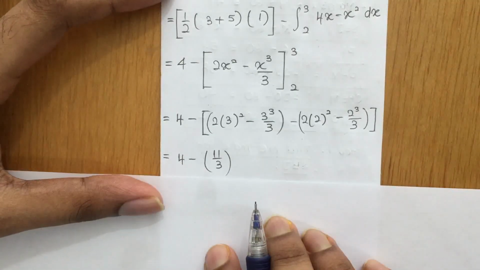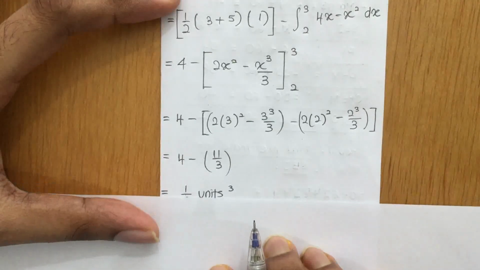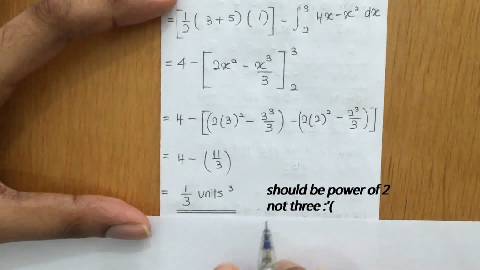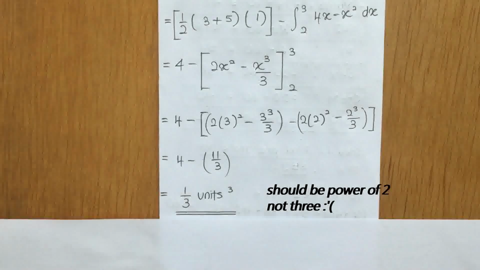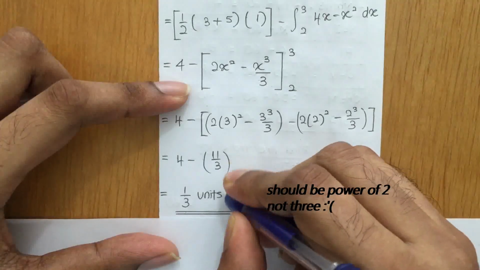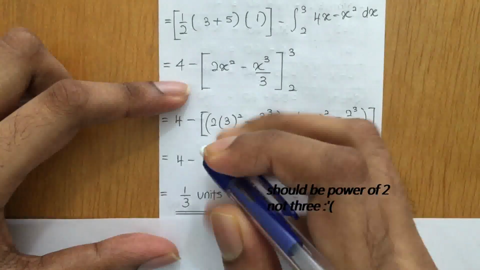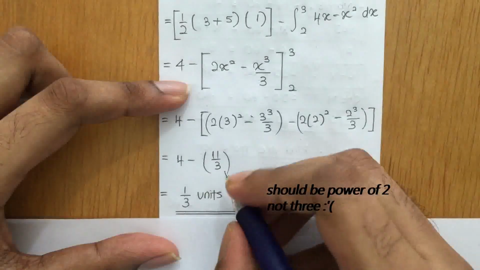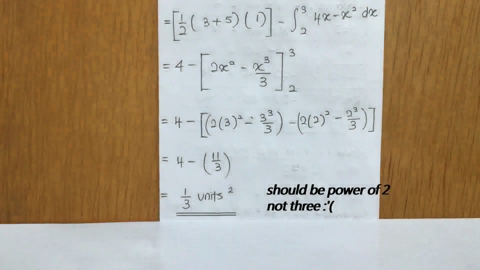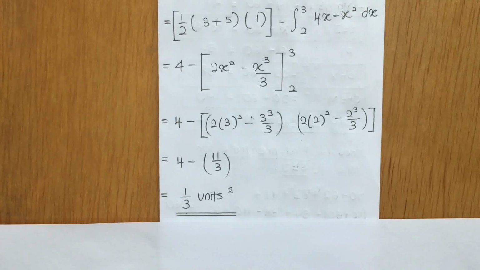From here you should get the area of the shaded region is equal to 1 over 3 units squared, guys. It should be units squared. I accidentally wrote units cubed here. So this is your final answer.